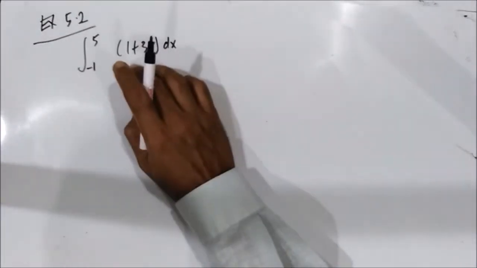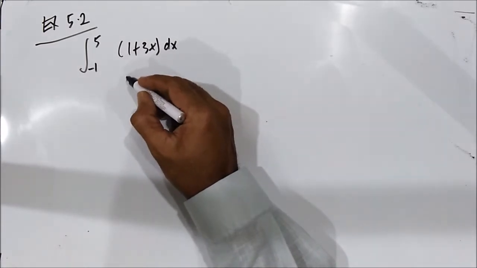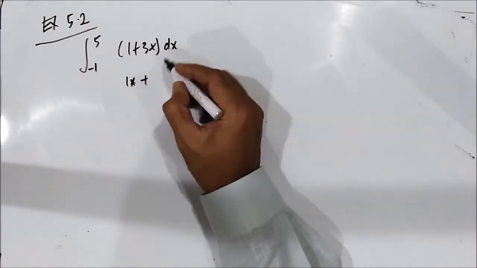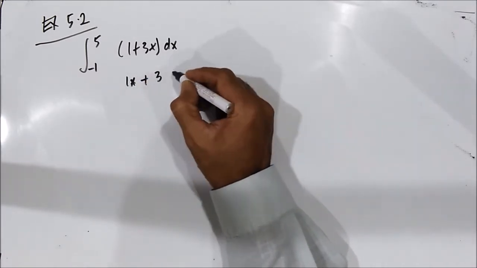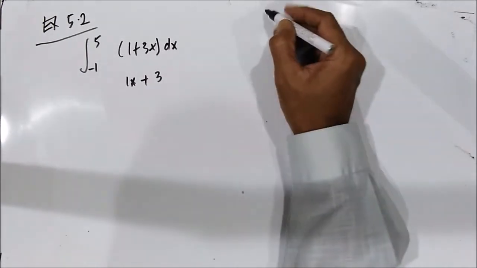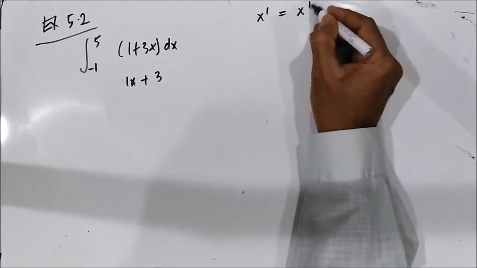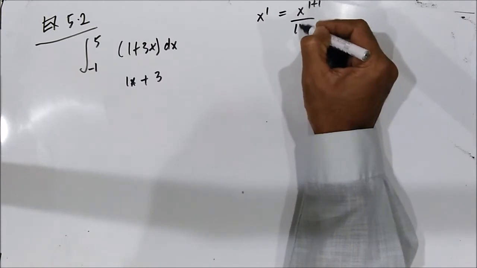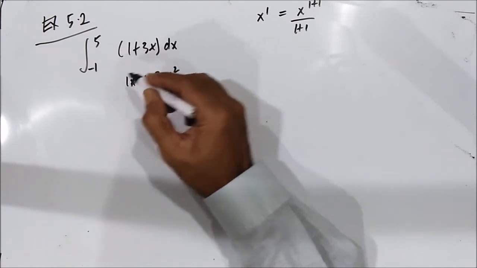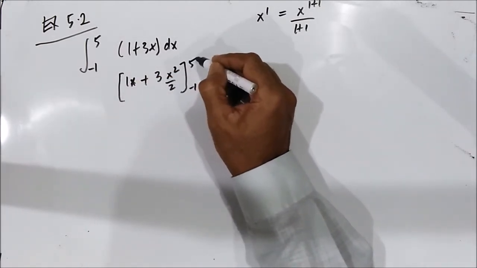So the integration of a constant here, 1, is 1x or x, plus 3 is a coefficient. By definition, integration of x is x raised to 1 plus 1 over 1 plus 1. So I have here x raised to 2 over 2. Then substitute for -1 and 5.